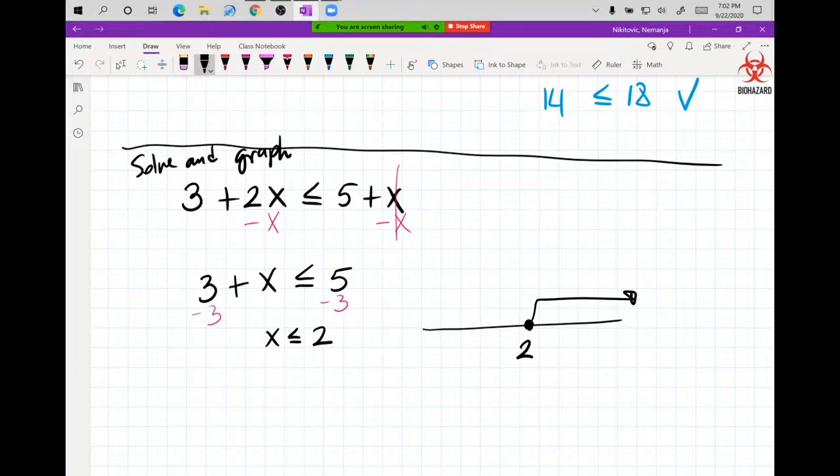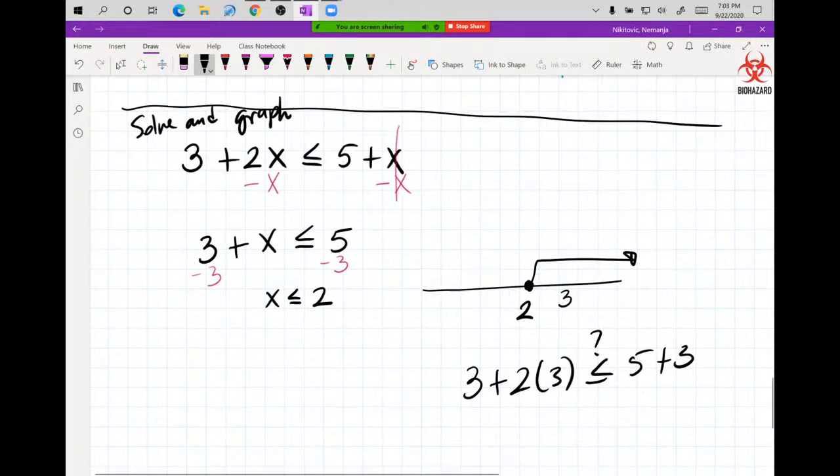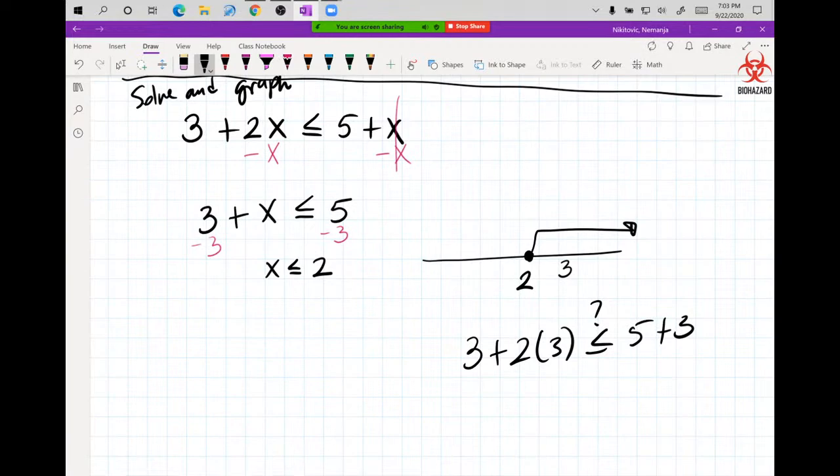To the right, and now we check. So pick a number from here. 3. Pick 3. So 3 plus 2 times 3 should be smaller than 5 plus 3. How much is 2 times 3? 6. 6 plus 3 is? 9.